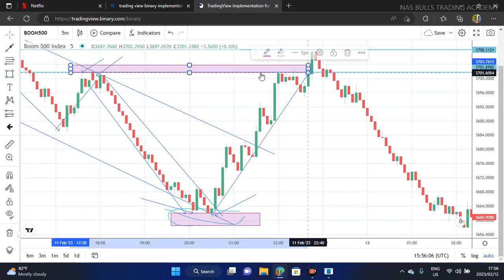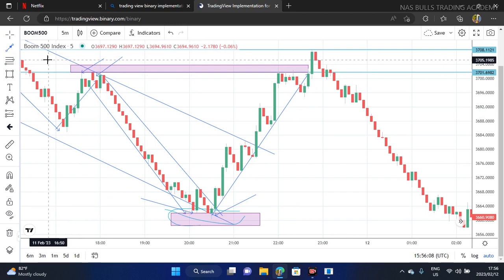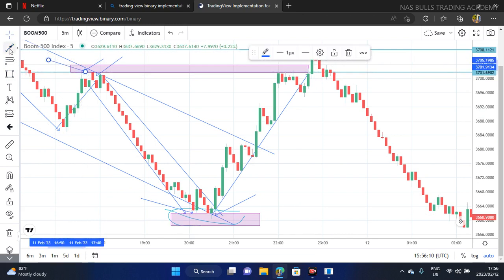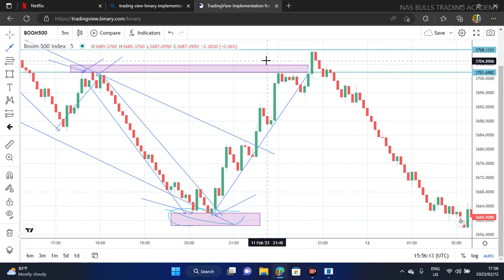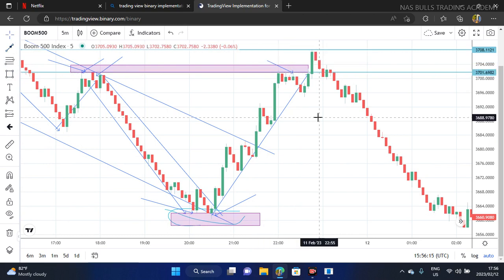This was going to be our TP, as we have this touch. So we need to respect that touch and close our trade here. Then we close our trade here, and we'll be done for the day.